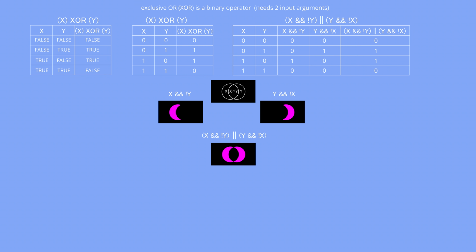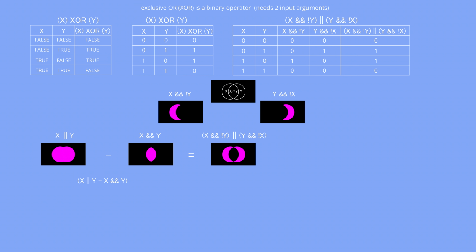So, in other words, when left and right operands have different values, the result is true. Also, if we subtract the intersection of x and y from the union of x and y, the result will be the same. Let's check this with the truth table.